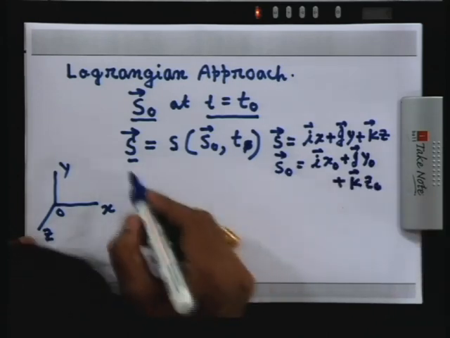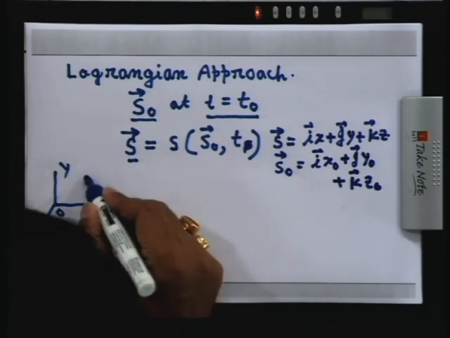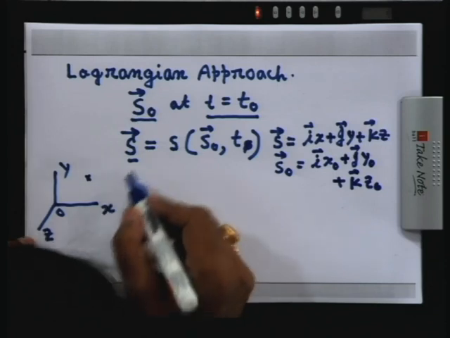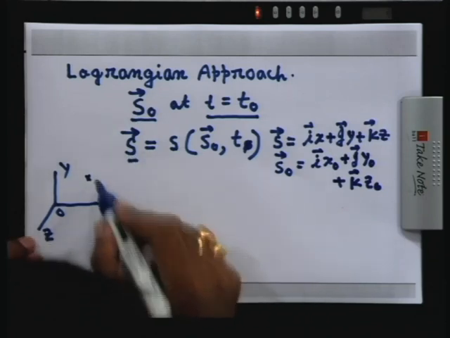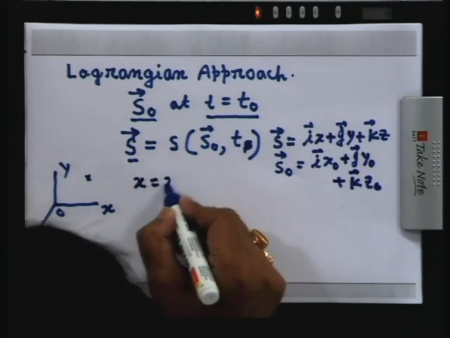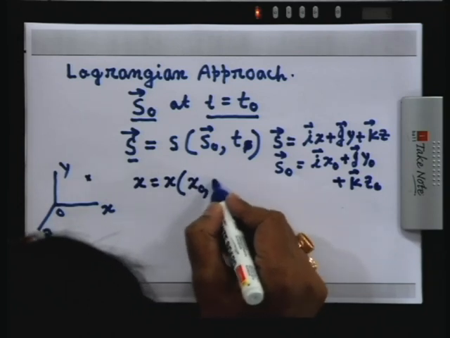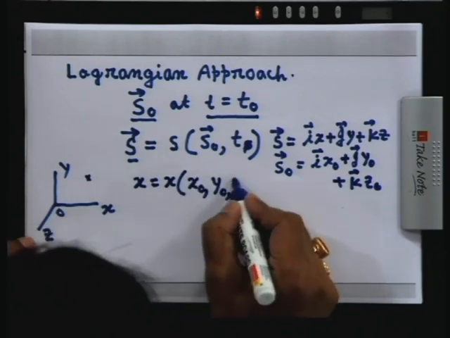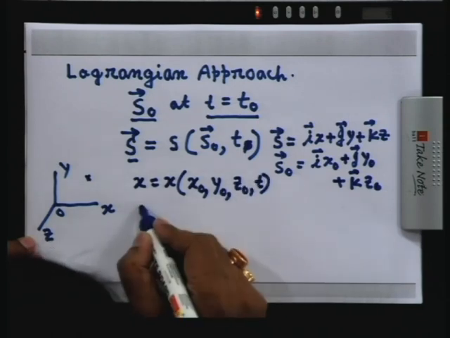So, in this case, if x, y, z is the coordinate of the particle which is given by S in vector notation, this is the position vector, then we can write the x coordinate is a function of x0, y0, z0 and t.